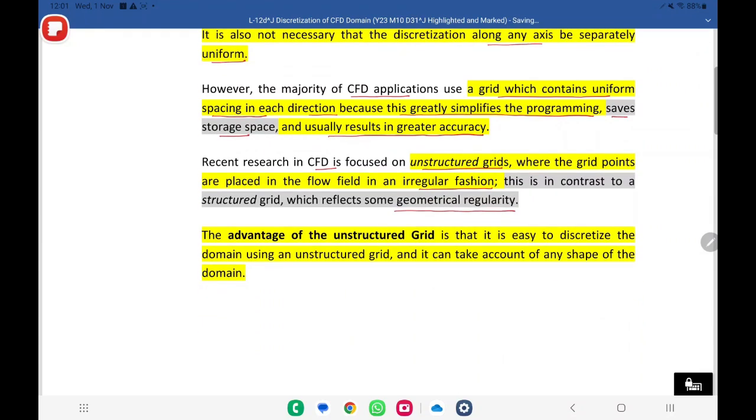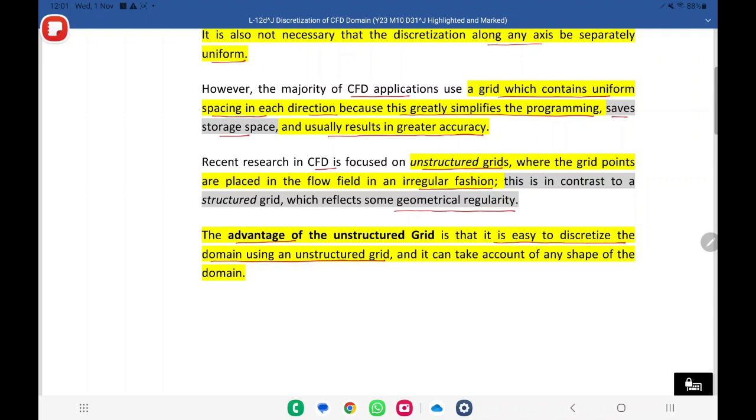Now why would we go for unstructured grid? Because there is an advantage, and it is easy to discretize the domain using unstructured grid. It is very quick to establish. Structured grid, you take time to decide what should be the pattern, what is the equation. Unstructured grid, nothing, computer does it on its own.